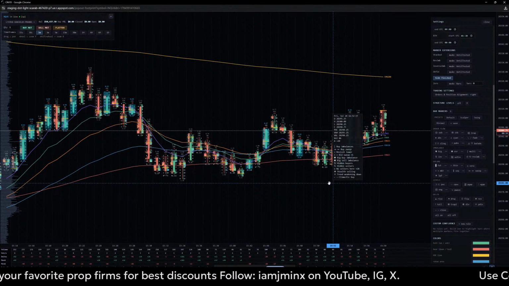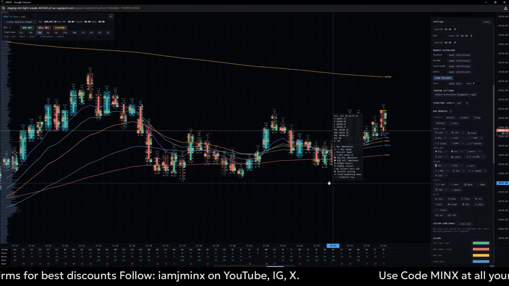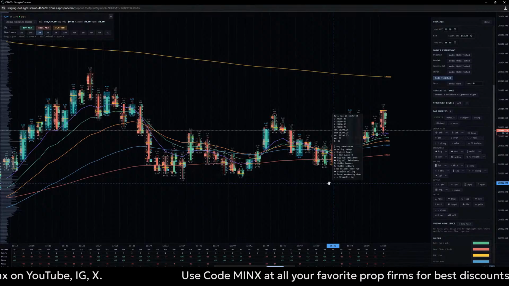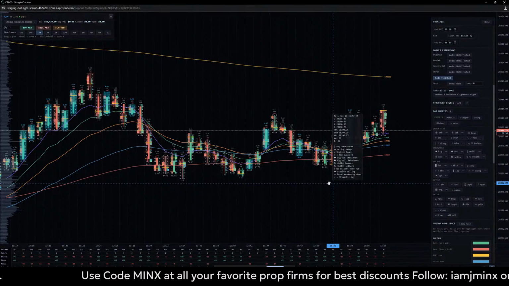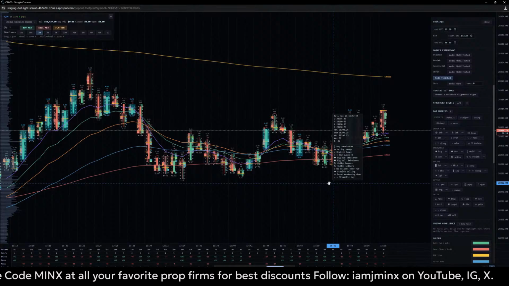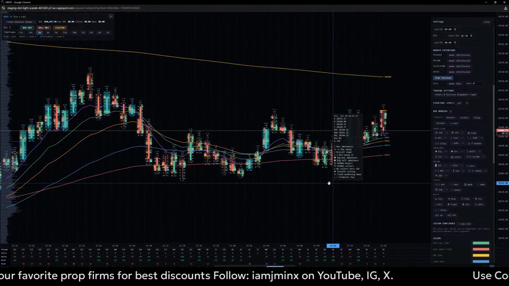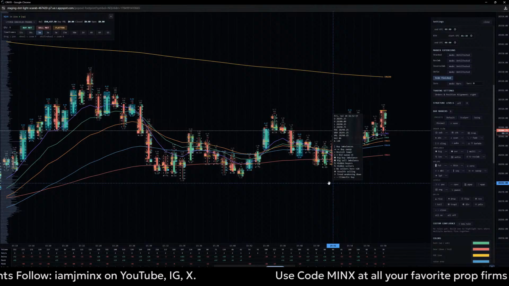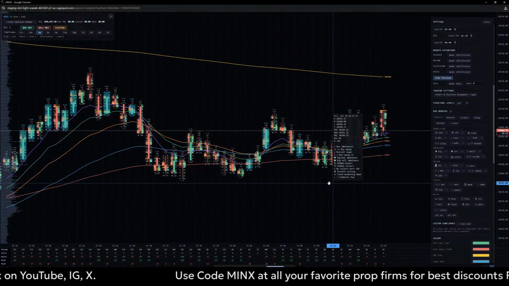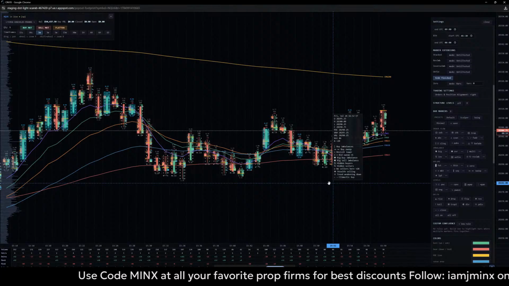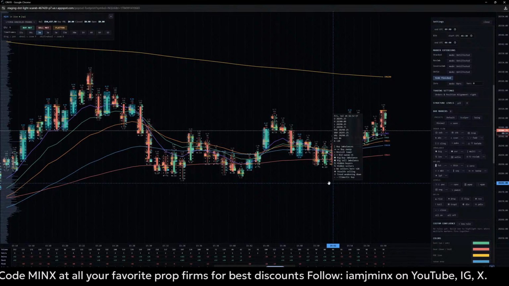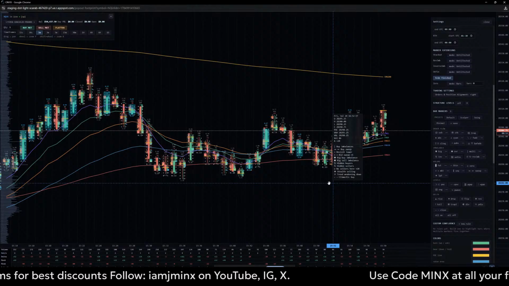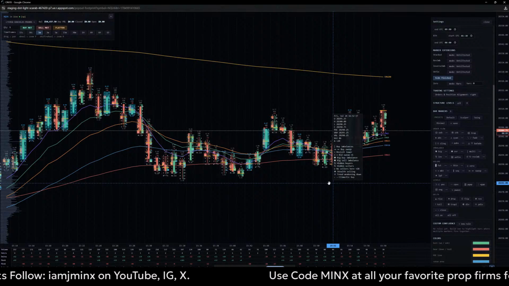I know people say on X, oh, your entry isn't important. Sure, it's not important if you're using one MNQ and you've got $4,000 drawdown, but anyone that has a 100, 200, 300 point stop loss does not have a good entry. I don't care what anybody says.